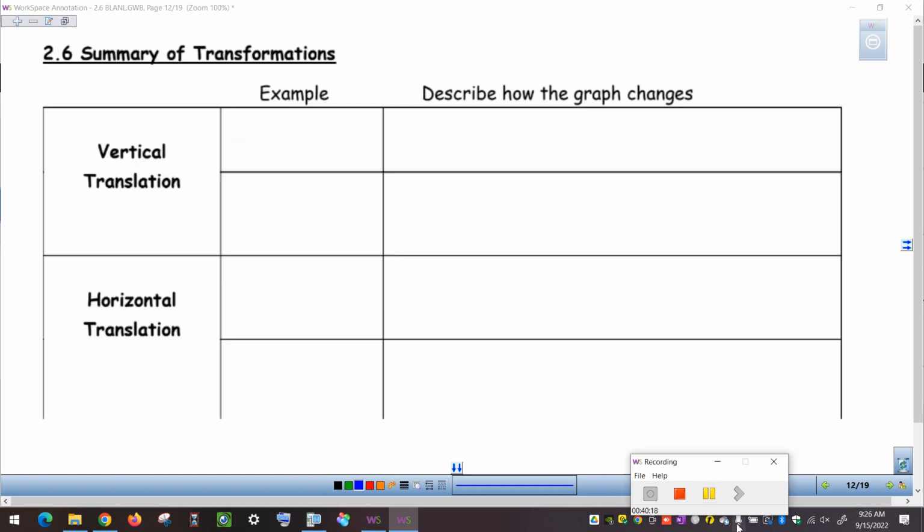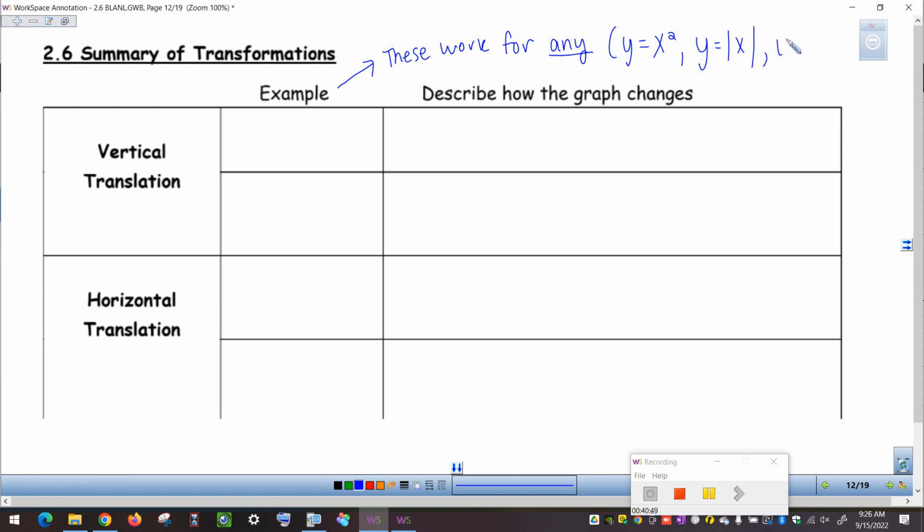Now, on your summary page here, when we are filling in some examples of what each type of transformation looks like, keep in mind that these transformations are going to work for any parent function. So let's just make a little note here that these work for any, meaning it could be y equals x squared, it could be the absolute value of x, or it could be the square root symbol.